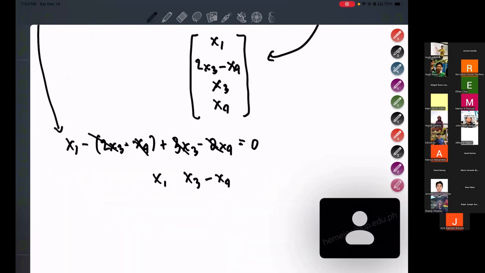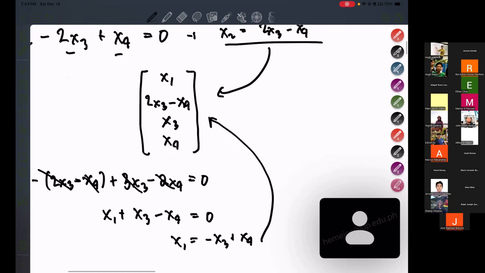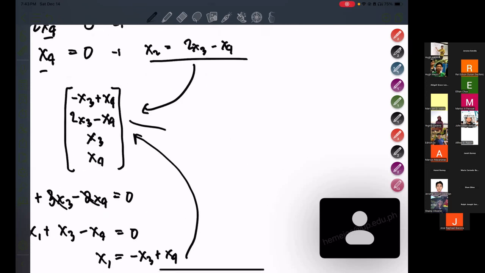So x1 plus x3 minus x4 equals 0, and that gives us x1 is equal to negative x3 plus x4. Now we can plug this back in here. Our x1 now has a definition in terms of x3 and x4: negative x3 plus x4. The last thing we're gonna do is sort them, like what I showed in the slide earlier. Let's lump in all the x3 here, and all the x4 here.